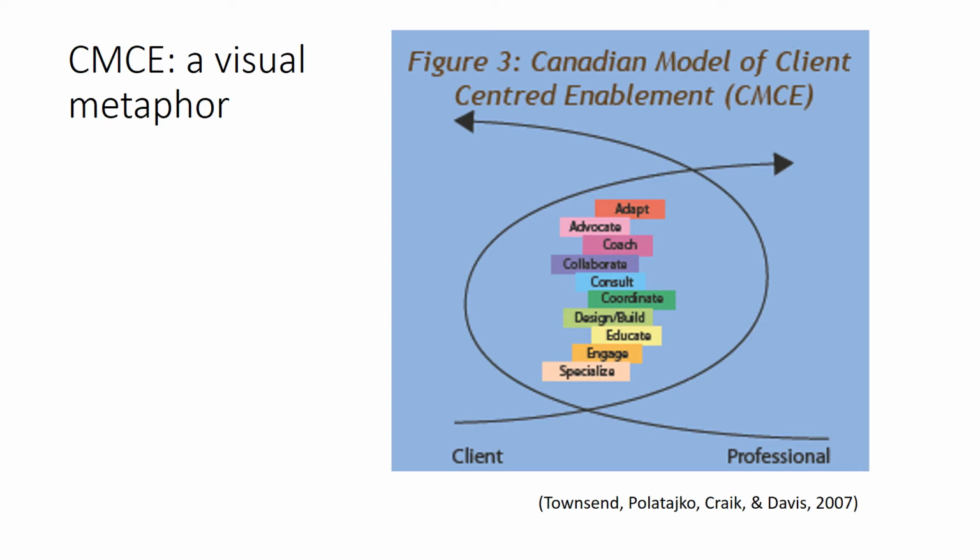So again, thinking about enablement as an umbrella term, the umbrella term encompasses all of these strategies that are listed through the middle: adapt, advocate, coach, collaborate, consult, coordinate, design or build, educate, engage, and specialise.